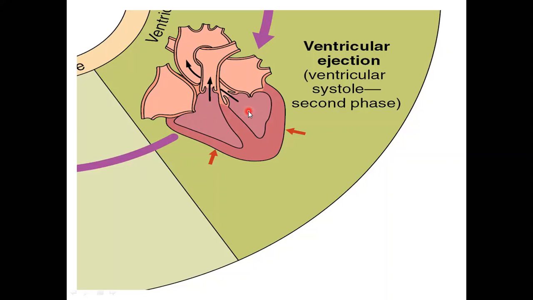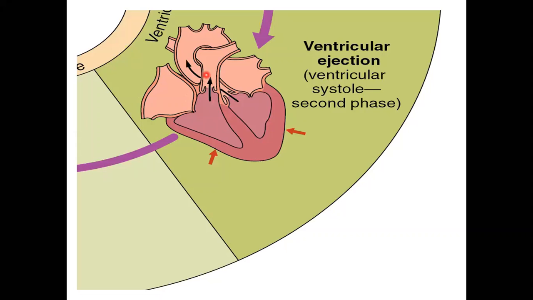When that pressure is greater than the aortic pressure in both the aortic arches, the semilunar valves open and blood is expelled from the left ventricle into the aortic arch, and from the right ventricle blood rushes into the pulmonary aorta.